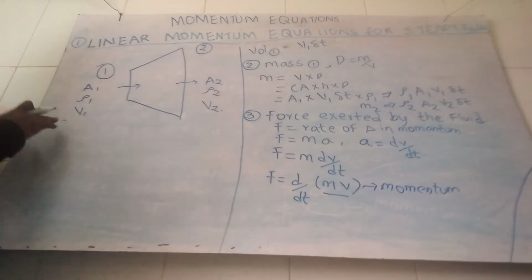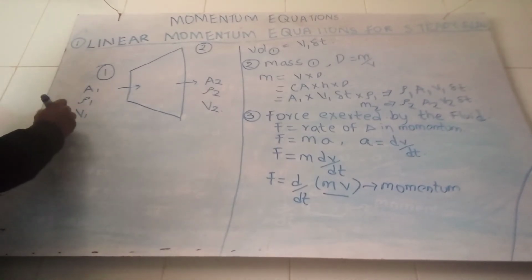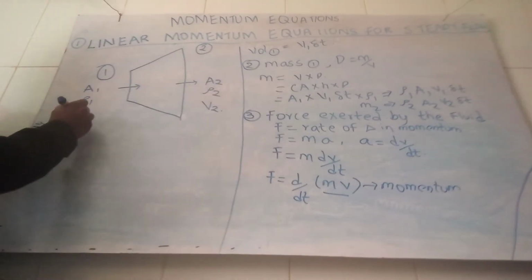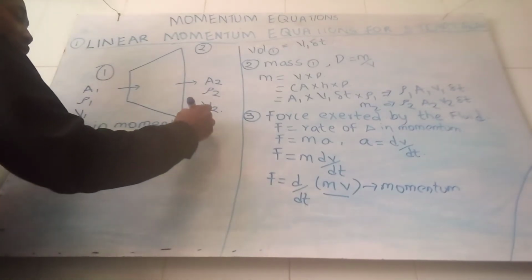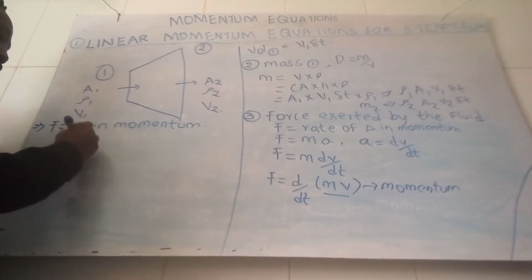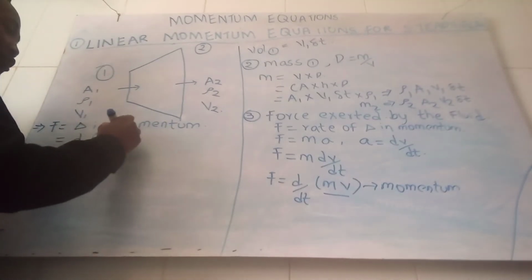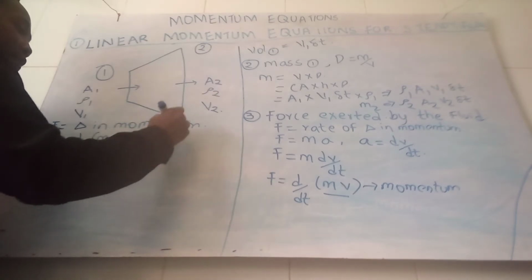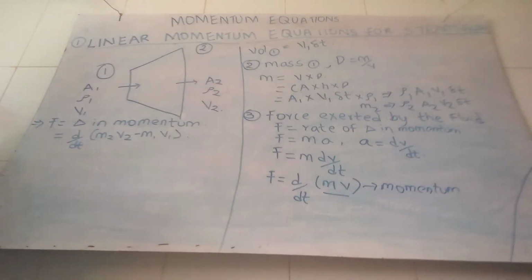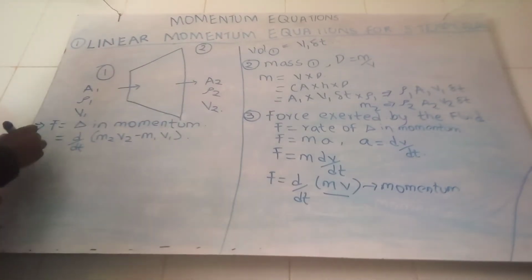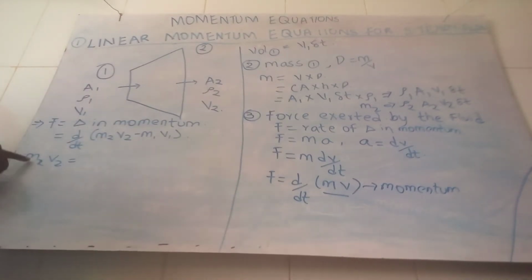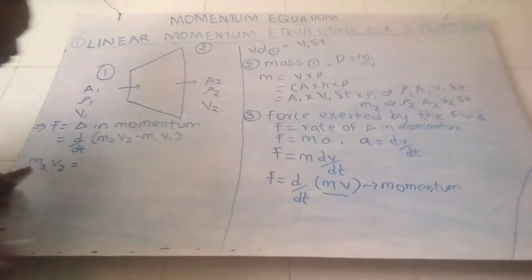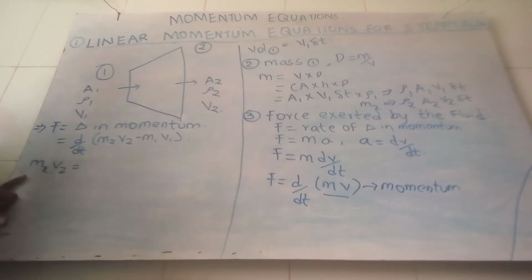So to get the force exerted, it is going to be given by the change in momentum, which is d over dt of m2 v2 minus m1 v1. Here m2 v2 is the mass that is entering, the one that we found at point 1, multiplied by the velocity at point 2.